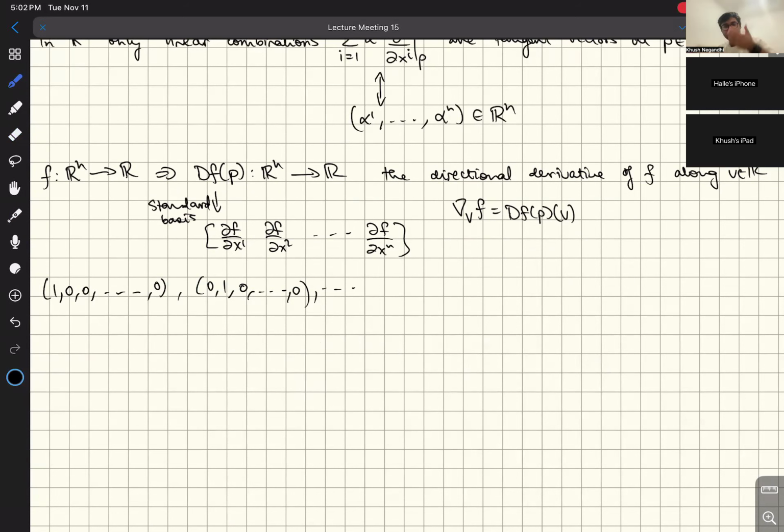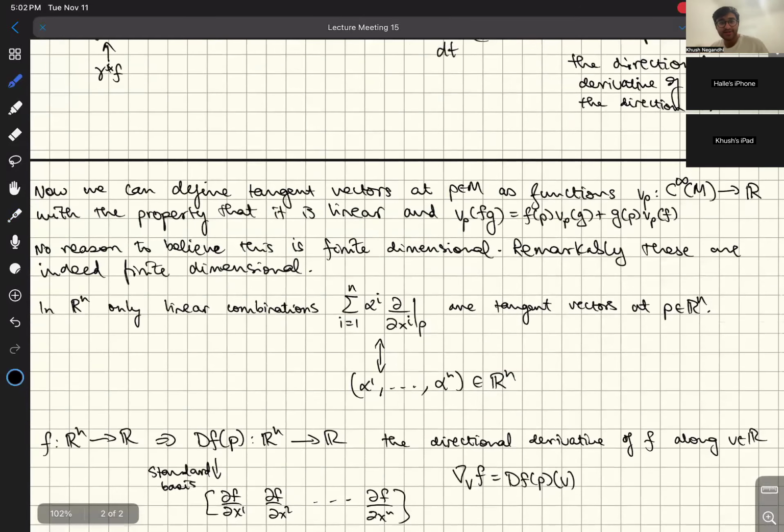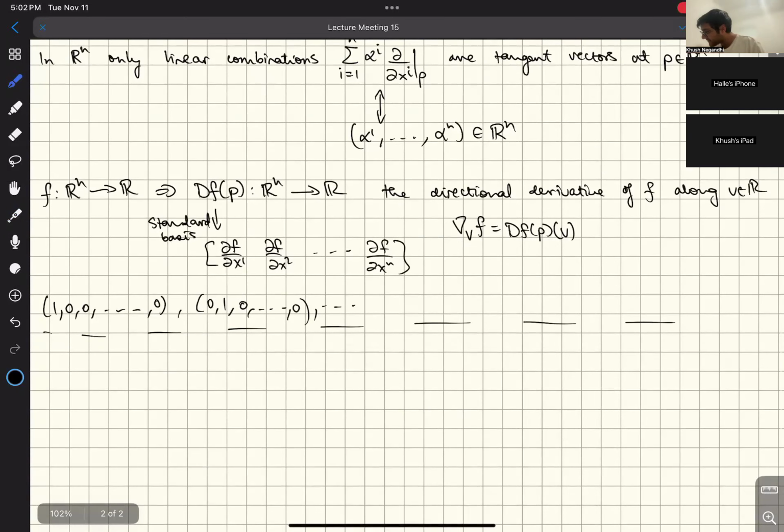Let's now define, using this abstract definition of tangent vector, what the differential of a map is. So let F be a map from M into N.